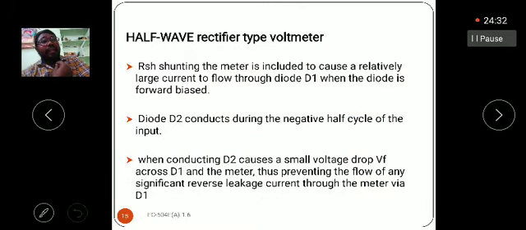RSH, shunting the meter, is included to cause a relatively large current to flow through diode D1 when the diode is forward biased.